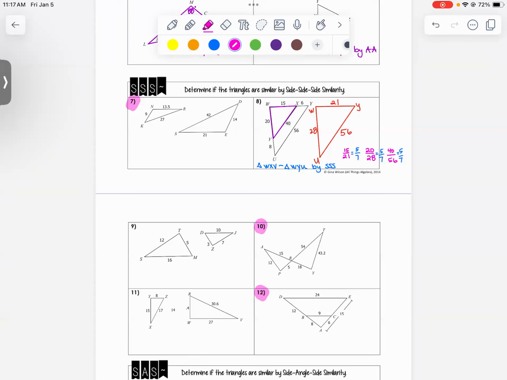If you want to use your calculator to see if 9/14 is the same as 27/42, is the same as 13.5 over 21... 3s and 9s.